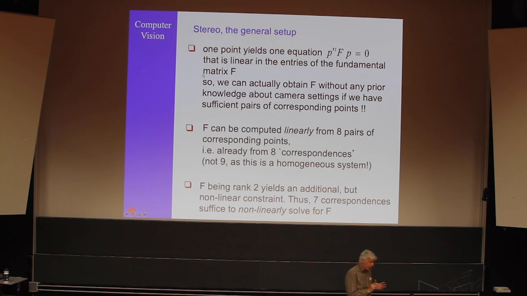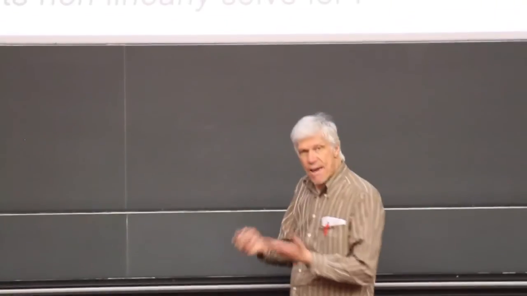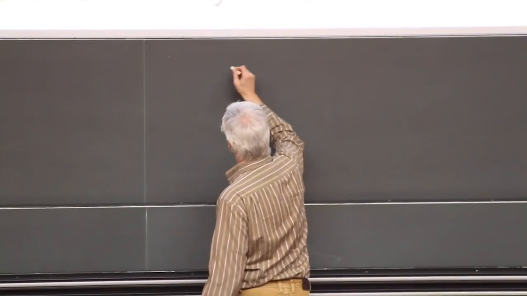So let's look at the reason why. Look what that equation, determinant of F is 0, means. Let's say F is the following, the matrix I mean.